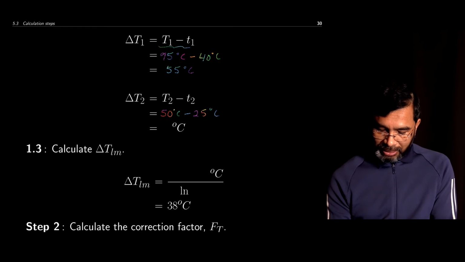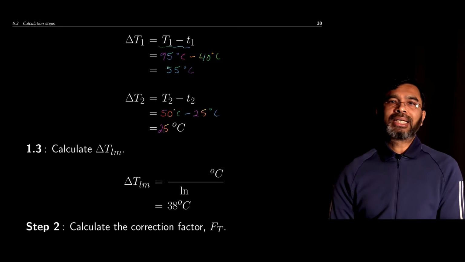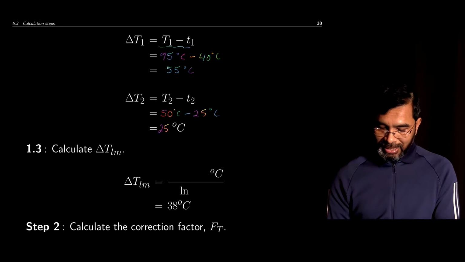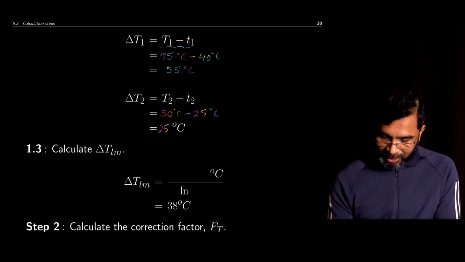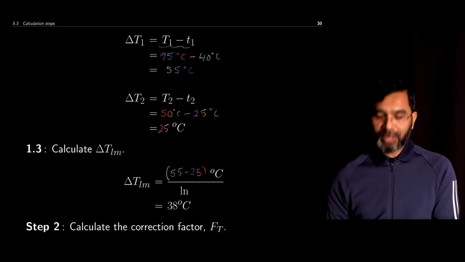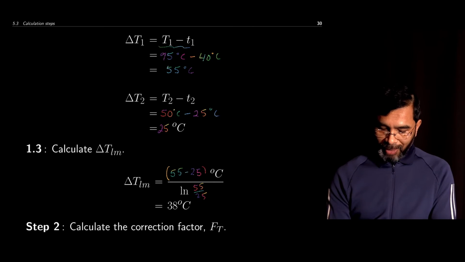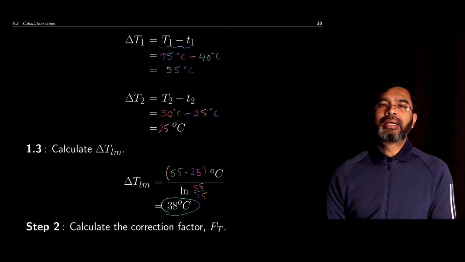So we get delta T2 to be 25 degree centigrade. Now using the definition of delta T log mean, what we get is delta T1 minus delta T2, that's 55 minus 25 degree centigrade, over ln 55 by 25. So this will give you a value of 38 degree centigrade.